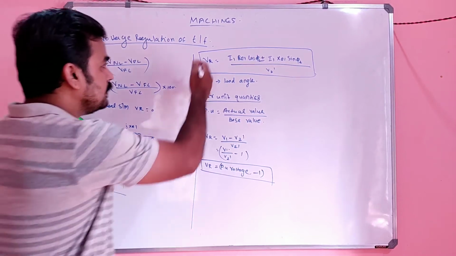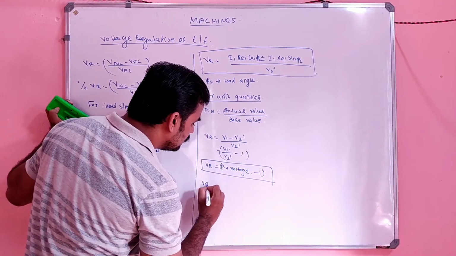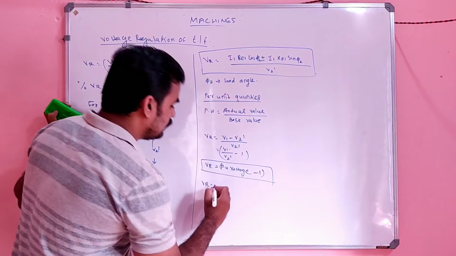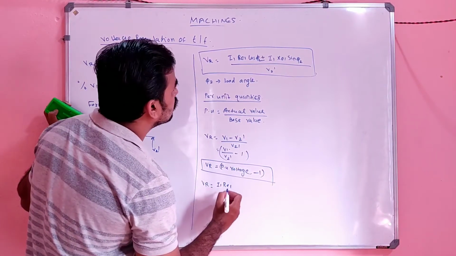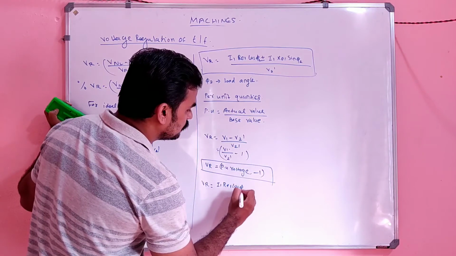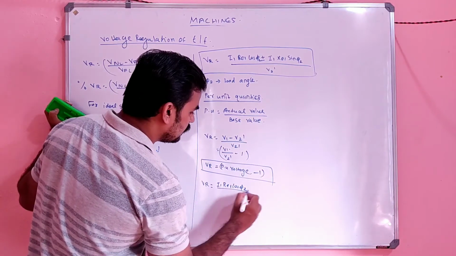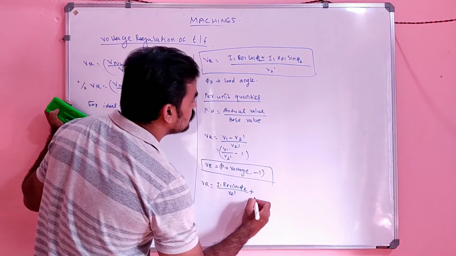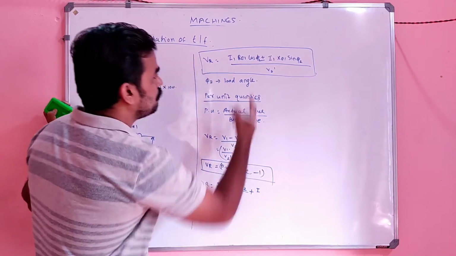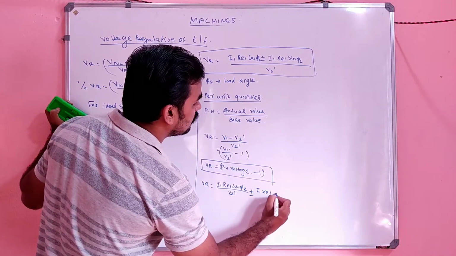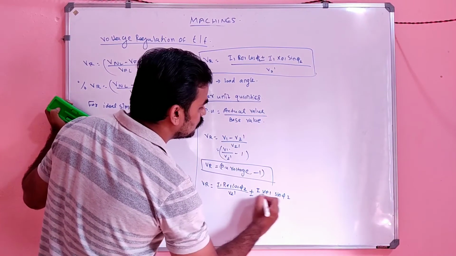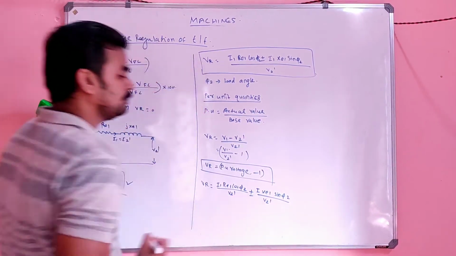And there is one more equation, VR, which is equal to this. I am splitting this term: I1 into RE1 cos phi 2 divided by V2 dash, plus or minus I1 into XE1 sin phi 2, whole divided by V2 dash.